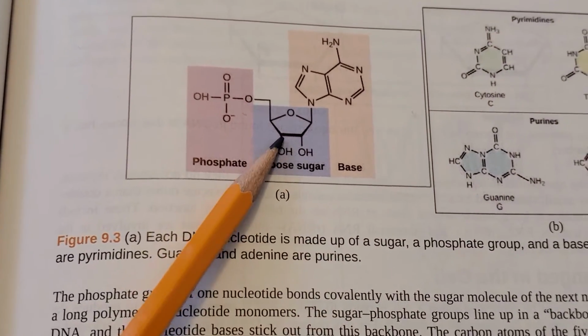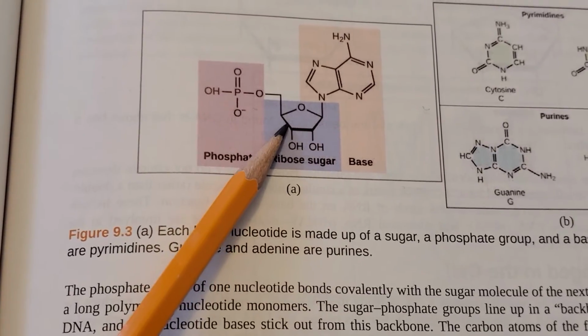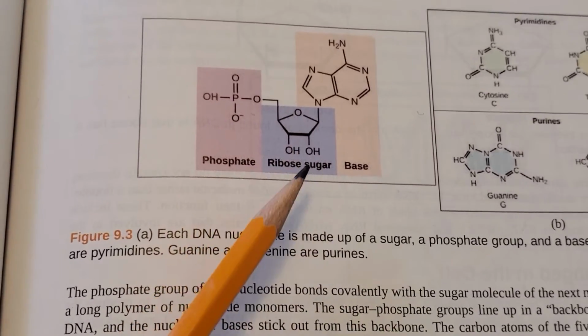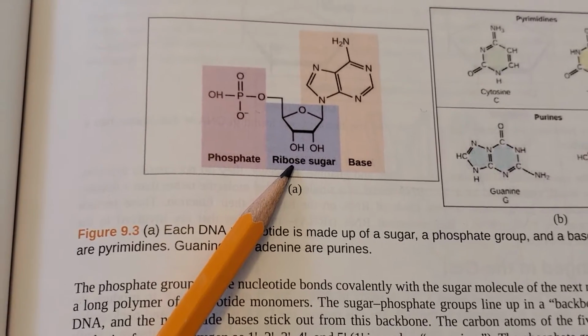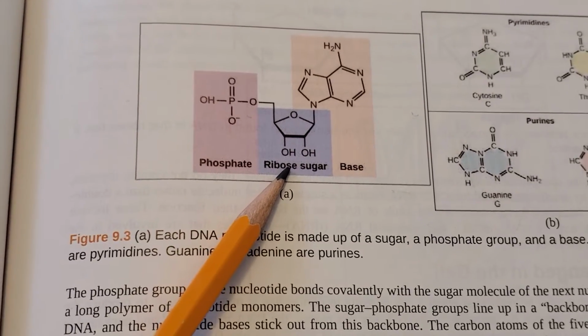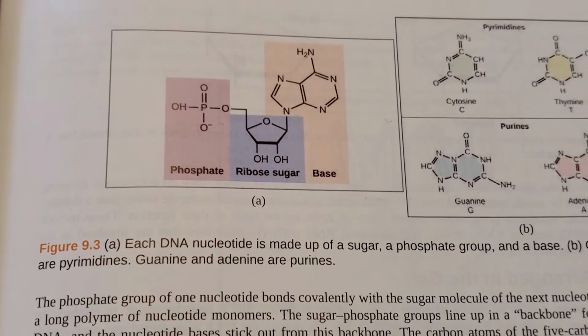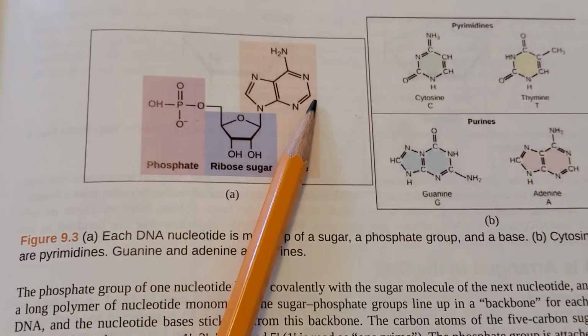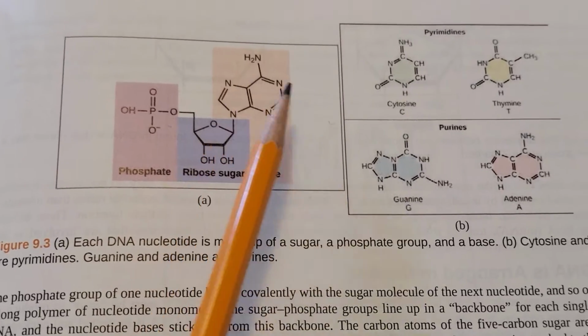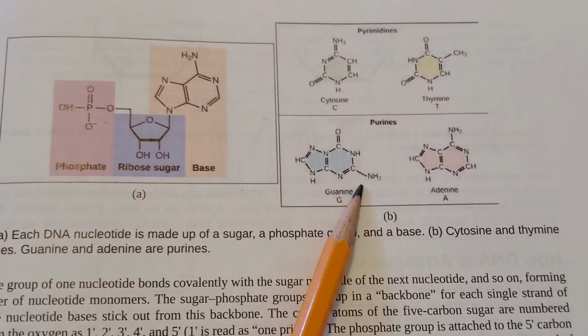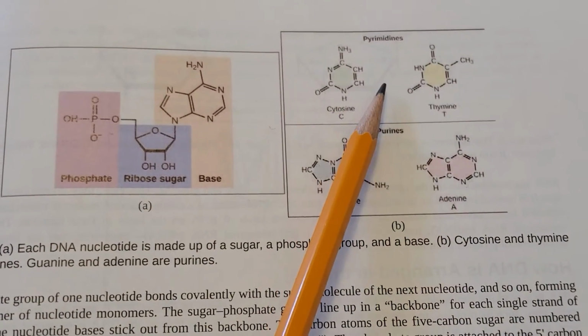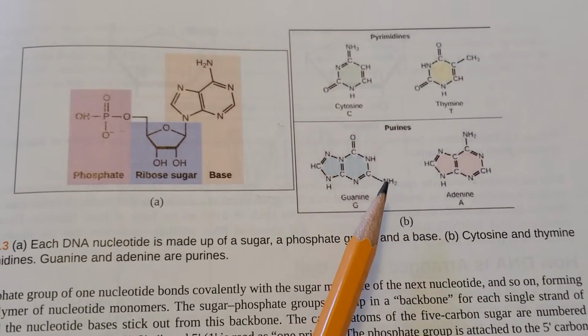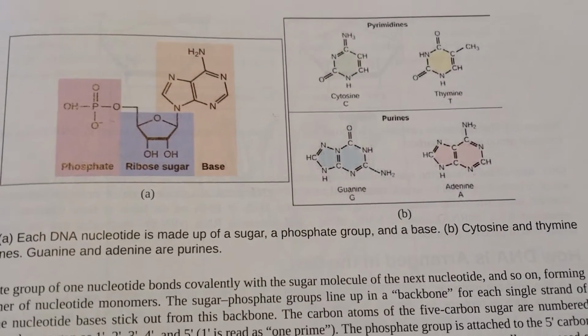And then here in our ribose sugar, we have our implied carbon ring. Remember that all molecules that are sugar end in O-S-E, okay? And then here, when we're looking at this base, right, we can ask ourselves, which base is this? And then as we look over here to the purines or the pyrimidines, we can see that it's definitely a purine, right?